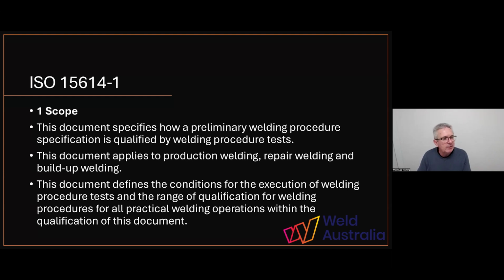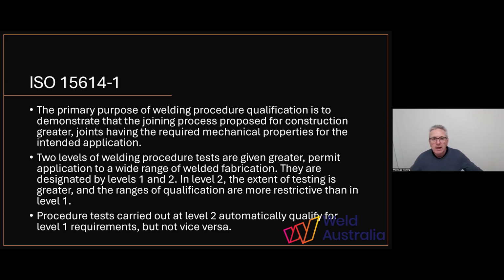And this is very similar, Amir, to ASME 9 in pressure. The levels in here are very similar to ASME 9, and they do reference ASME 9 in this standard. So we are looking at the pressure side of it. The primary purpose of a weld procedure qualification is to demonstrate that the joining process proposed for construction has the required mechanical properties for the intended application.